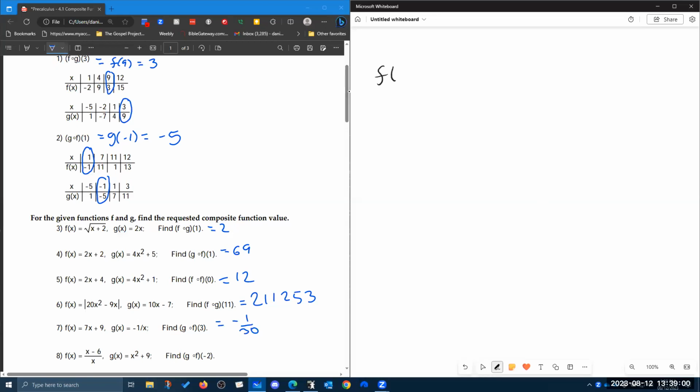Now we have f of x equal to x minus 6 over x, and g of x equal to x squared plus 9.